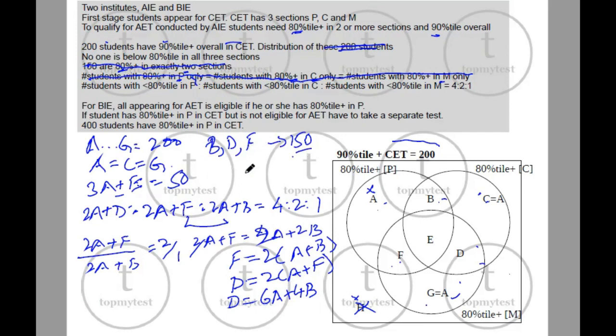If I substitute this here, D will be 6A plus 4B, and F is 2A plus 2B. So this number is 150.